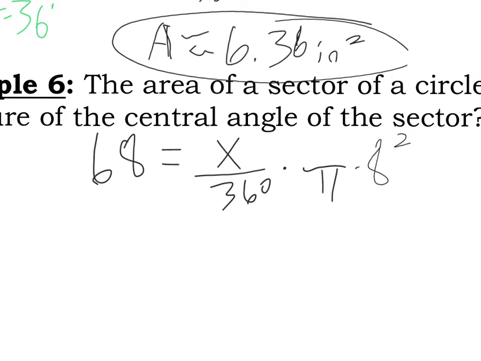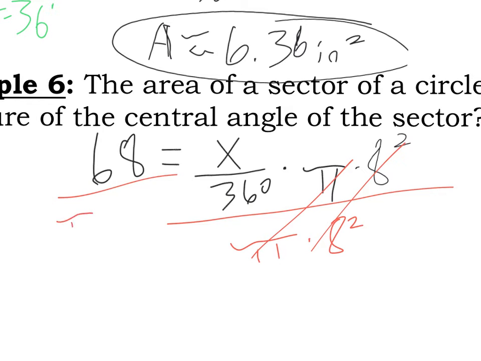So we can do this in 2 steps. I can divide out pi times 8 squared to both sides. Alright, so I'm going to type in 68 divided by, and you might want to hit that control divide button on your calculator to do the pi times 8 squared on the bottom.